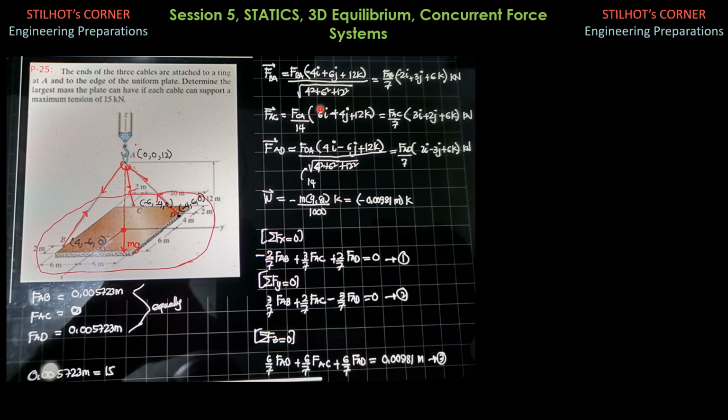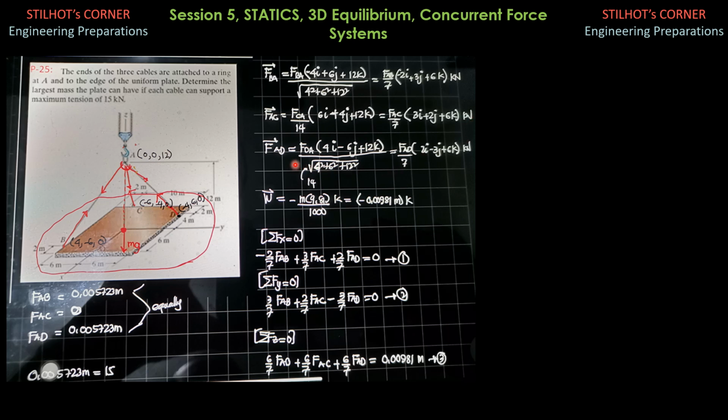The distance is the same as this, square root of 6 squared, 4 squared, 12 squared, which is the same as that, so 14. And if we reduce it, so we have FCA or FAC over 7 quantity 3i plus 2j plus 6k. So that would also be in kilonewtons.